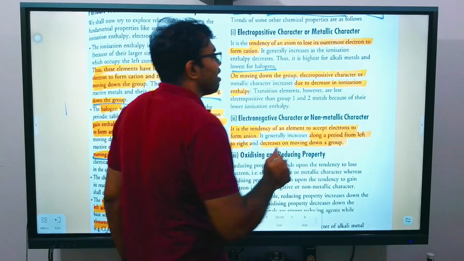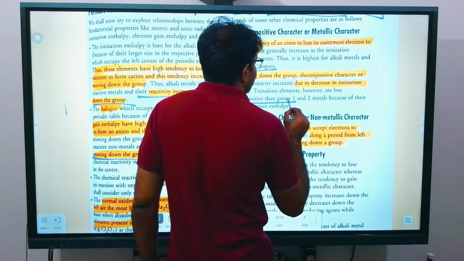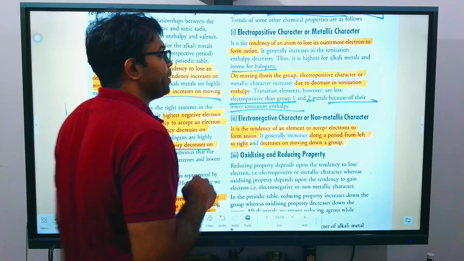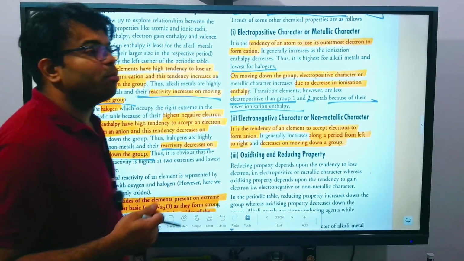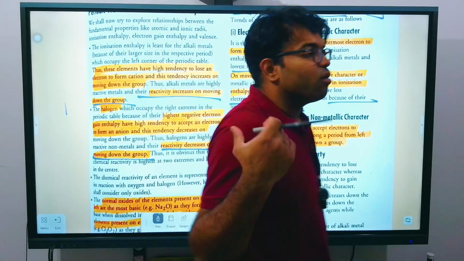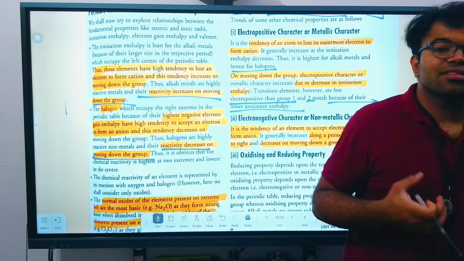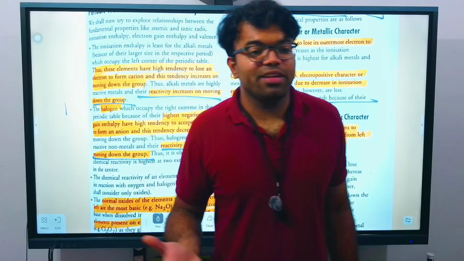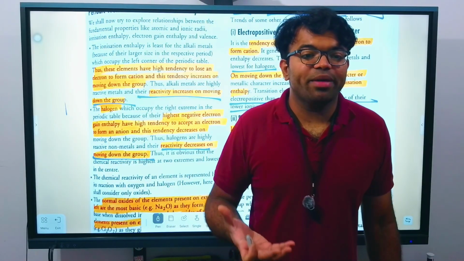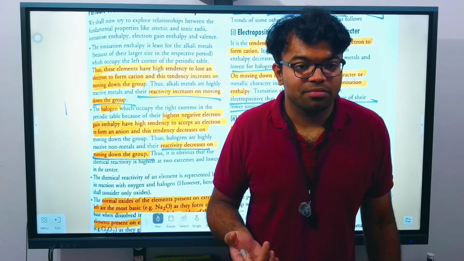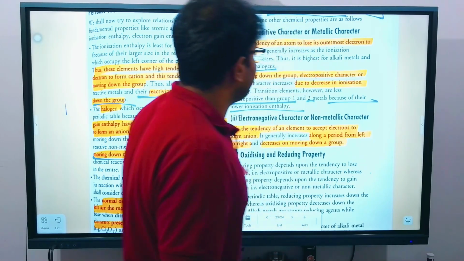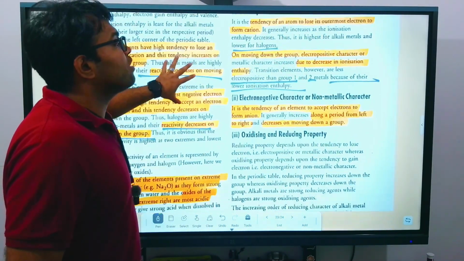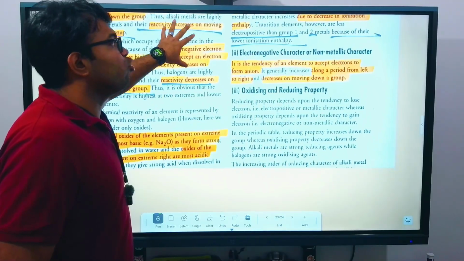The transition elements, however, are less electropositive than group 1 and 2 because of their lower ionization enthalpy. Do you remember me telling you in the beginning that from left to right, the elements are transitioning from metal to non-metal? That is the reason why we call the middle elements the transition elements, right? So basically, they have a lower ionization enthalpy compared to that of the group 1 and group 2 metals.